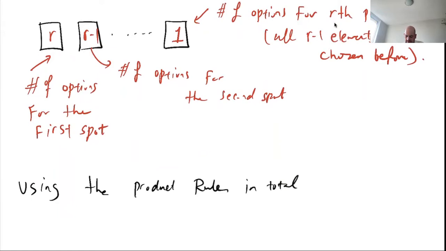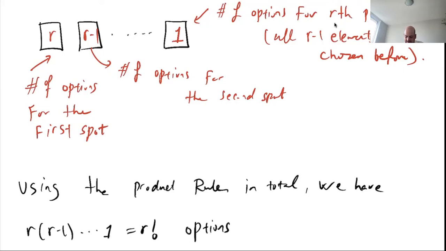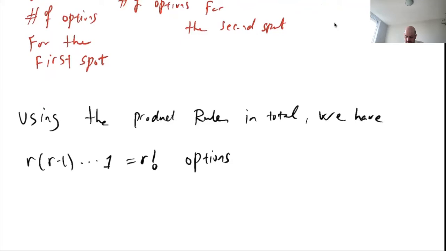In total, we have r times r minus 1 until 1, which is r factorial options to arrange r elements in an ordered way, i.e. r factorial permutations, right?